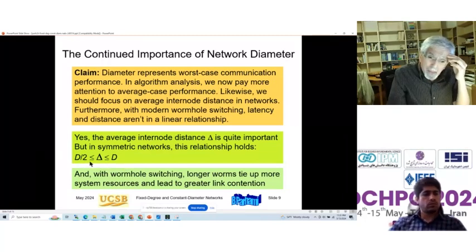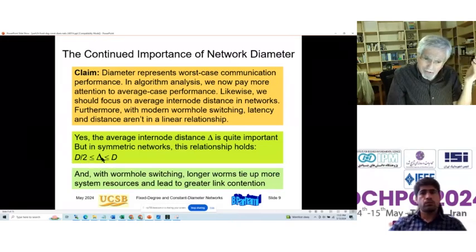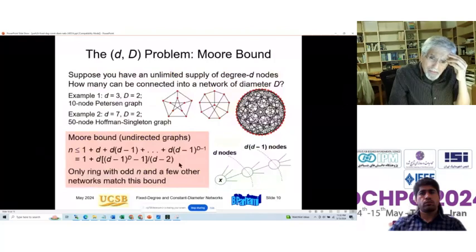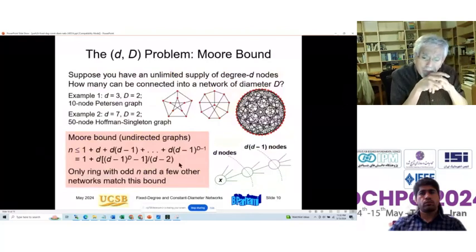And therefore, you can't simply dismiss diameter because average internode distance is very related to the diameter. If you have the diameter, you have an idea of the range of the average internode distance. So with this in mind, I'm going to continue paying attention to diameter.